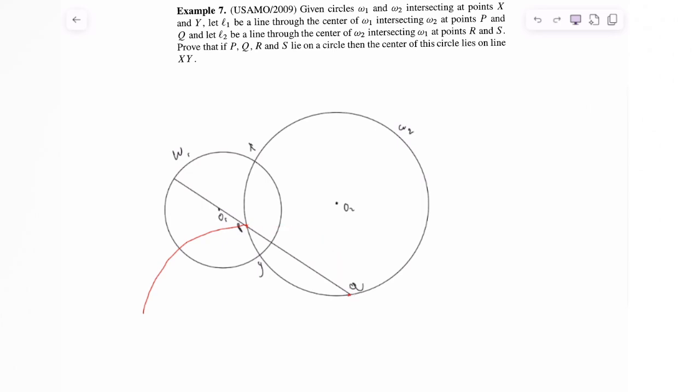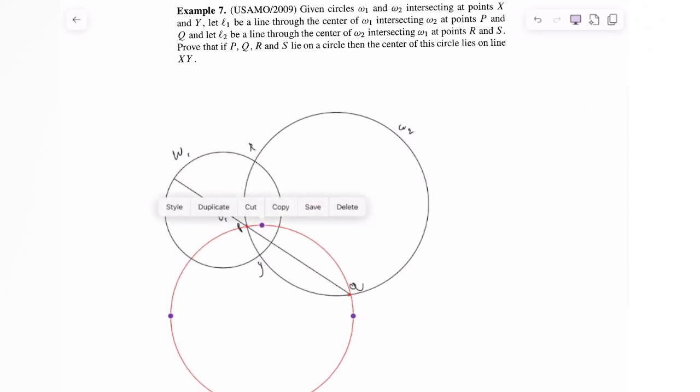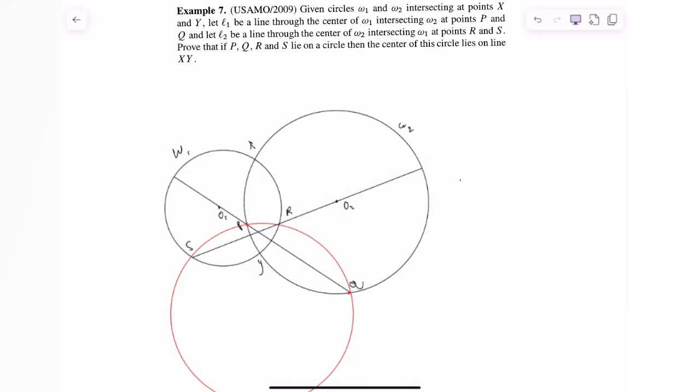This, something like that. Okay, something like this. So R here, S here. Okay, this is almost perfect. R and S.